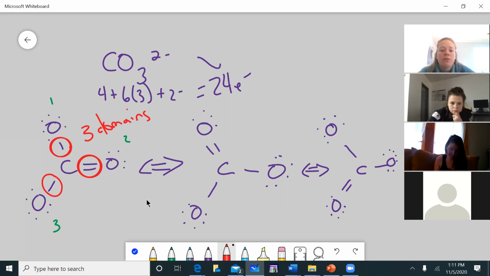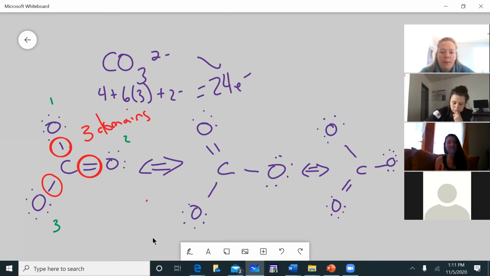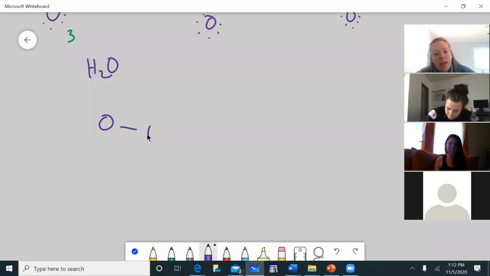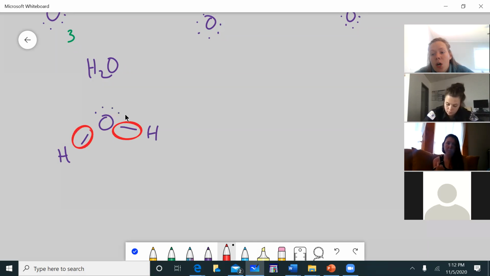If I do the structure for water, H2O, there are 8 electrons to play around with. It looks like this. If I was counting electron domains, I would say there is 1, 2, and then each lone pair counts as 1, 3, and 4.